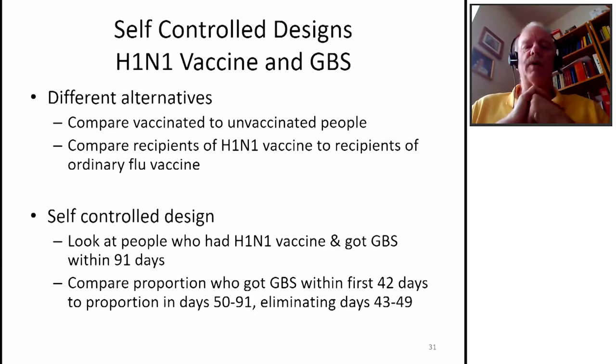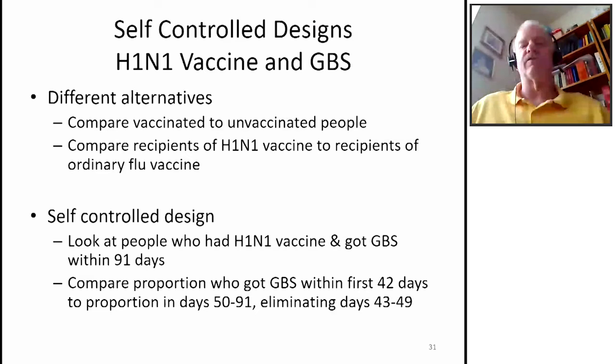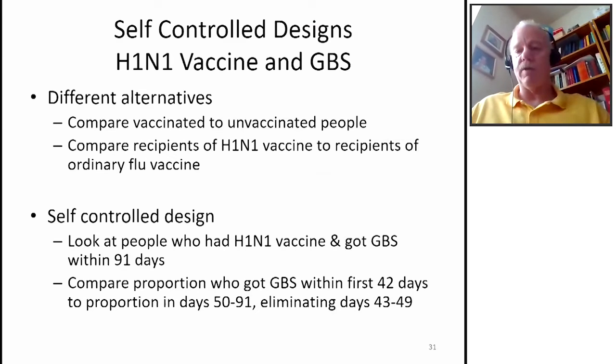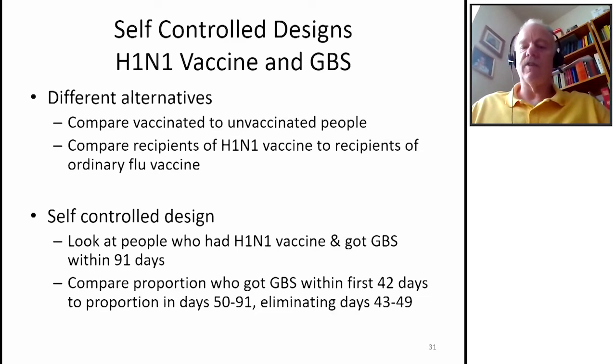So they thought about different alternative designs. Maybe we should compare vaccinated people to unvaccinated people. But of course, people who get the vaccine are different than people who don't get the vaccine in many ways, perhaps. And so maybe it would be better, and I think it would be better, to compare the people who received the H1N1 vaccine to the people who received the ordinary flu vaccine.